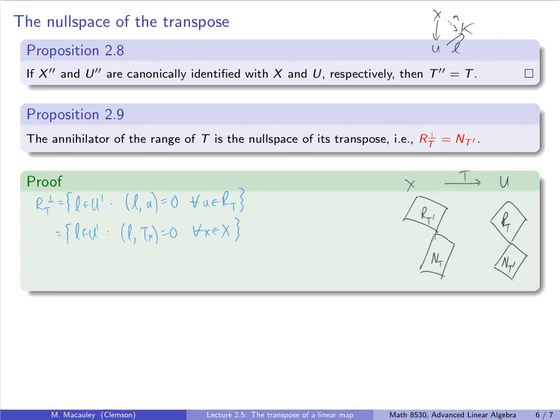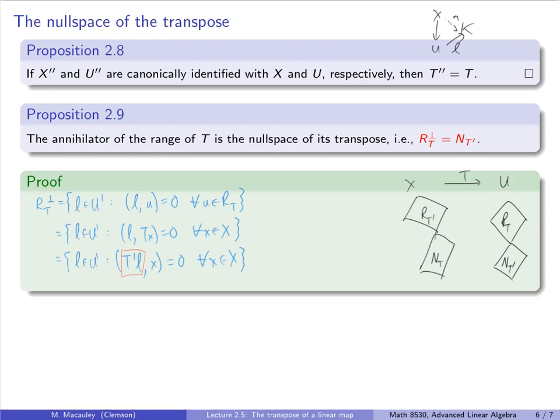Now this is really why it's so important to use that scalar product notation. Here's what you want to do. Take that T and move it over to the left-hand side. Make it a T prime. If you do that, it's the set of all L in U prime such that T prime L of x equals 0 for all x in X. And that's exactly what it means for this to be the 0 function.